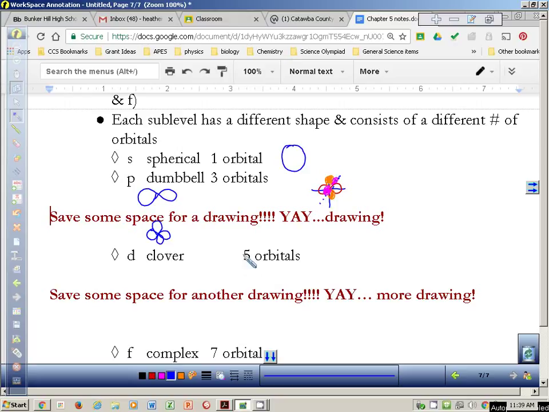What matters is that there are 5 different arrangements of that, and I'm not going to draw them for you. I can show you a graphic generated image of them in a minute. F is so stinking complicated. There's not really a word to describe it. So I write complex. Some other things put complex, but there are 7 different varieties of it.